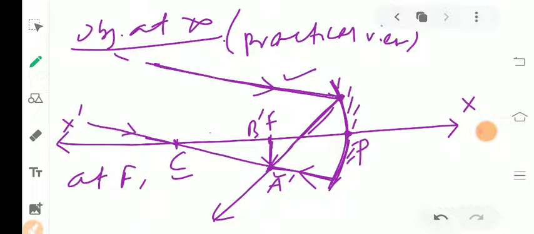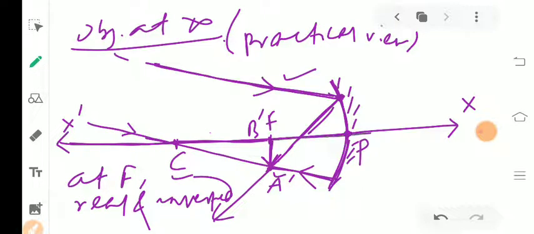What is the nature of the image? Real and inverted. How did you know real and inverted? Many ways are there. One, you see this inverted image is formed below the principal axis, or the arrow mark is downward, so it is inverted. If any image is inverted, then with it comes real. So the image is real and inverted. And what about the size?